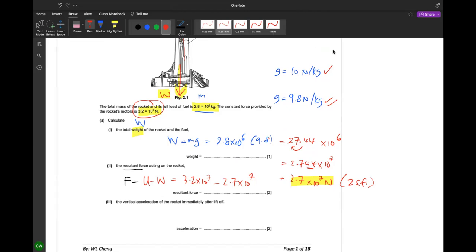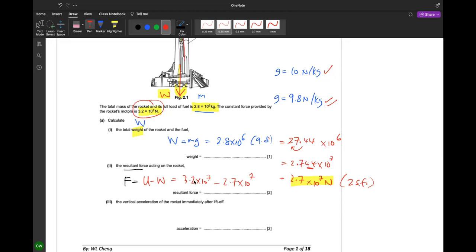The weight is 2.7 times 10 to the power of 7 Newton. For A1, this is the answer, 2.7.